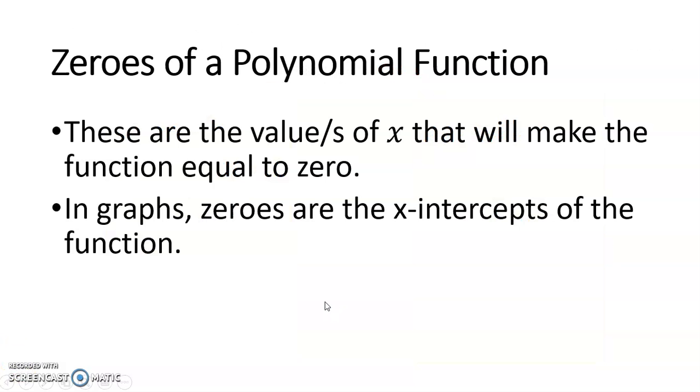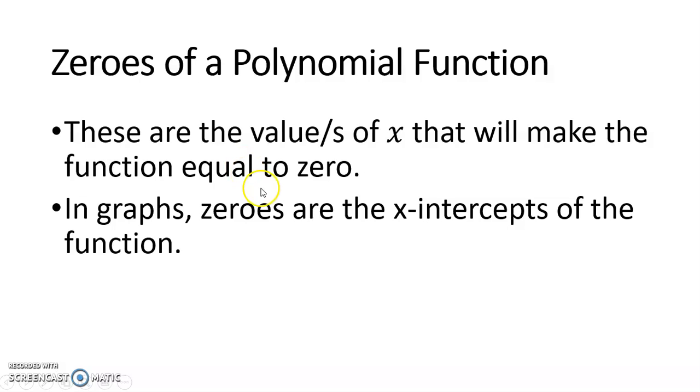Alright, now, aside from the end behaviors of the polynomial function, we also have to consider the zeros of the polynomial function. Ano nga ba pag sinabi nating zeros of the polynomial function? These are the value or values of x that will make the function equal to 0. So, ibig sabihin nun, this will make p of x equal to 0.